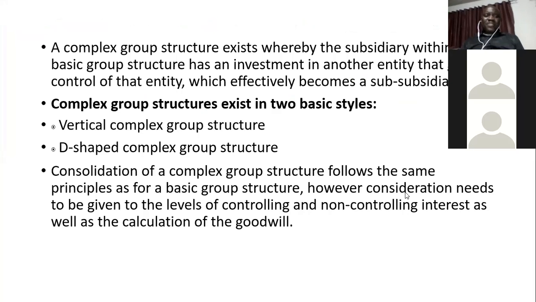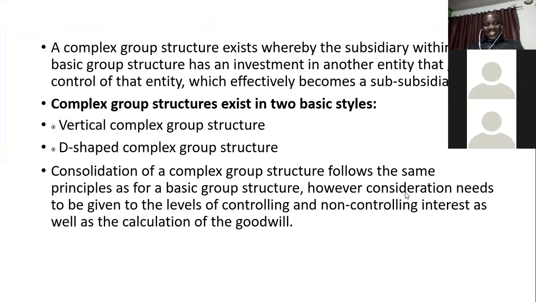So this is what I have already explained. A complex group structure exists whereby the subsidiary within a basic group structure has an investment in another entity that gives it control of that entity, which effectively becomes a sub-subsidiary. There are two types: the vertical complex group structure and the D-shaped complex group structure, which I've already explained.